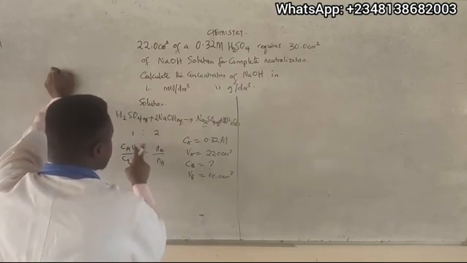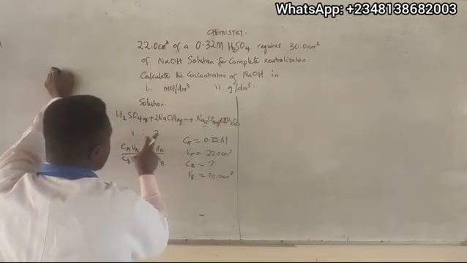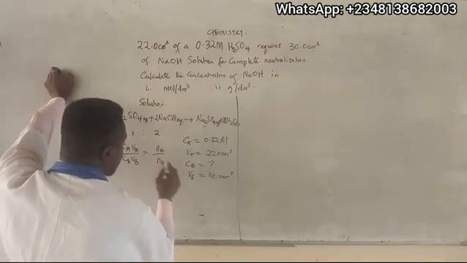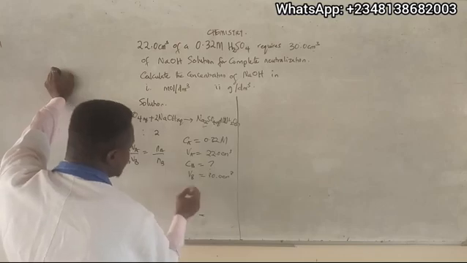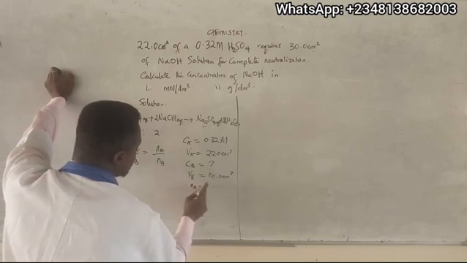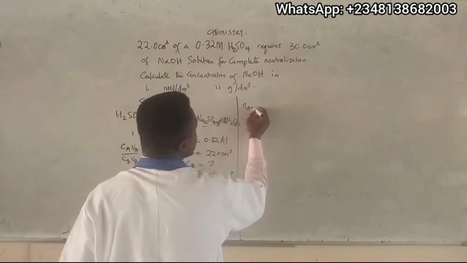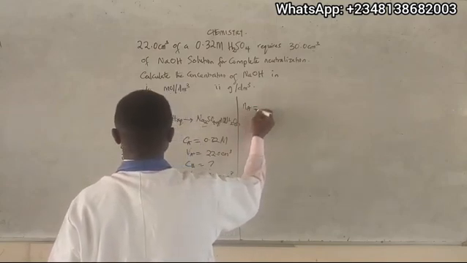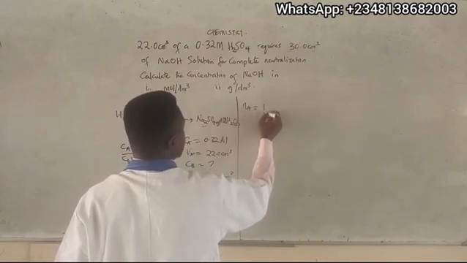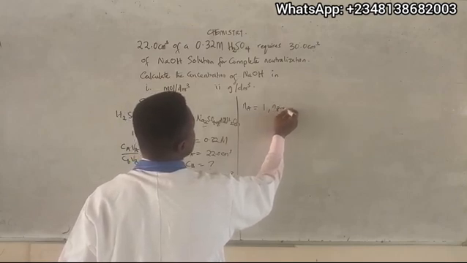Now, this 1 and 2 are the mole ratios, respectively NA and NB. So NA is equal to 1, while NB is equal to 2.